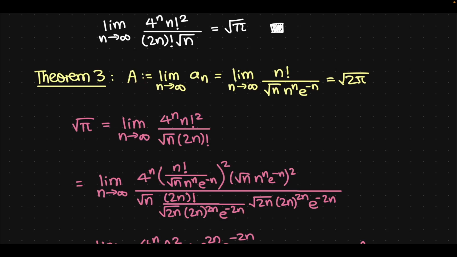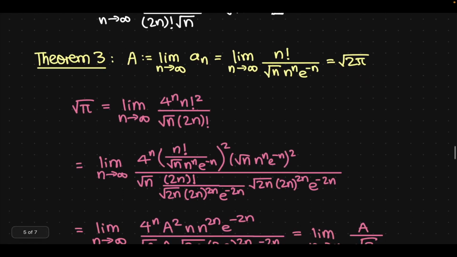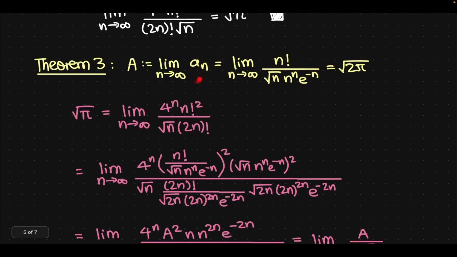So A is the limit as n goes to infinity of a_n. And what's a_n? It's n factorial over square root n, n to the n, e to the minus n. And we want to show that that's equal to square root 2 pi. So the main idea is to show that the limit that a_n converges to is square root 2 pi.